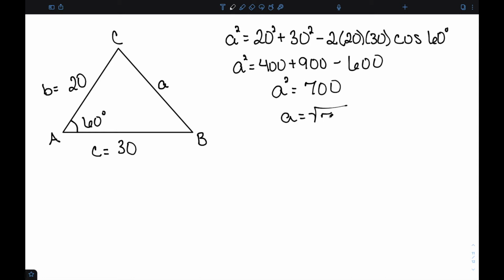And we need to take the square root of this to get just a. This tells us that a is about 26.5. So this is our missing side. We used our law of cosines to get the missing side.